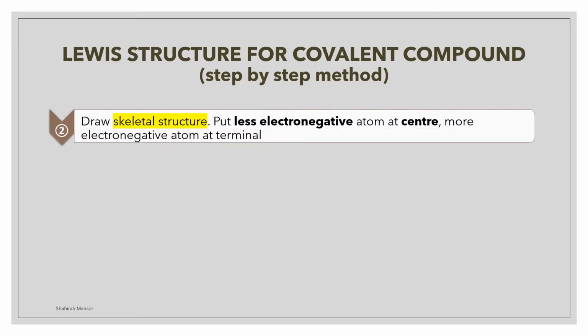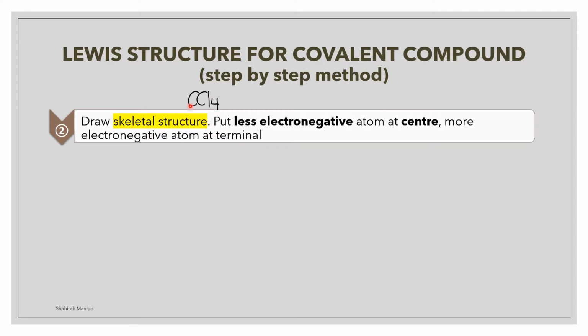Second step is draw the skeletal structure of CCl4. In this case, you have to arrange less electronegative atom at center and more electronegative atom at the terminal. Kita akan susun atom yang kurang elektronegatif supaya menjadi central atom, iaitu atom yang berada di tengah, dan more electronegative atom akan berada di hujung, ataupun sebagai terminal atom.